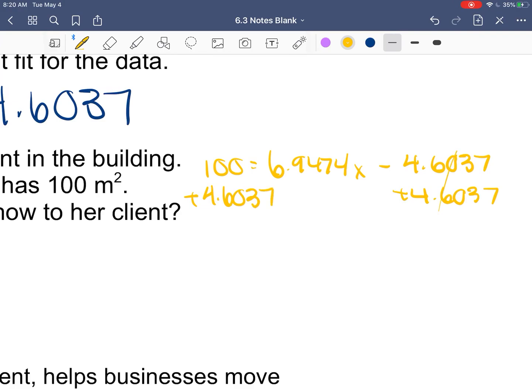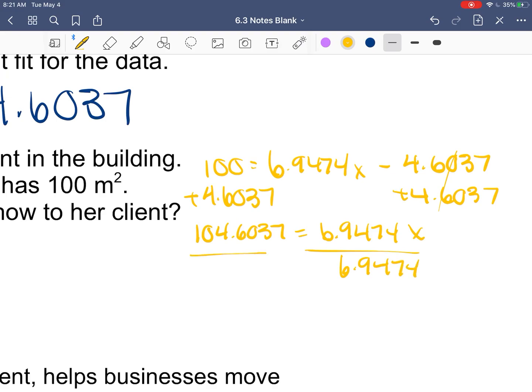So 100 plus 4.6037 equals 6.9474x. Divide that by 6.9474, and 15.06 is equal to x.